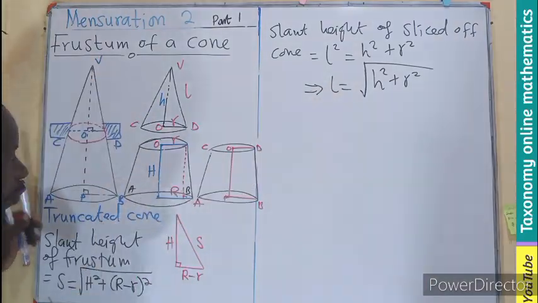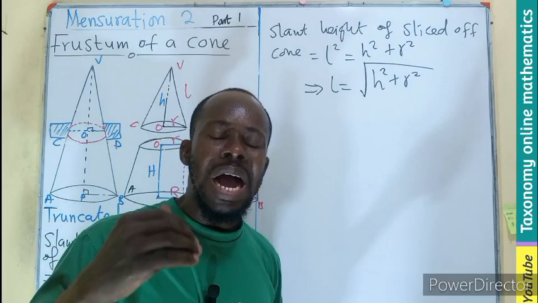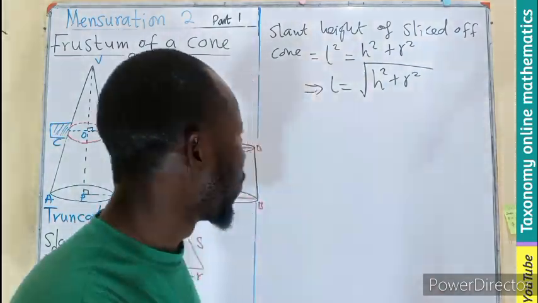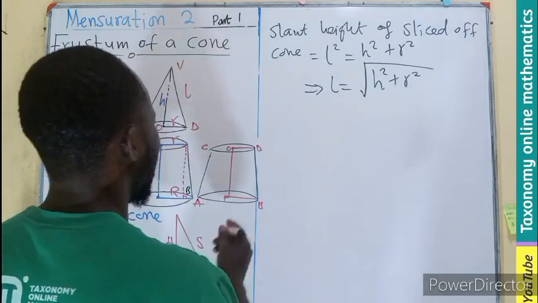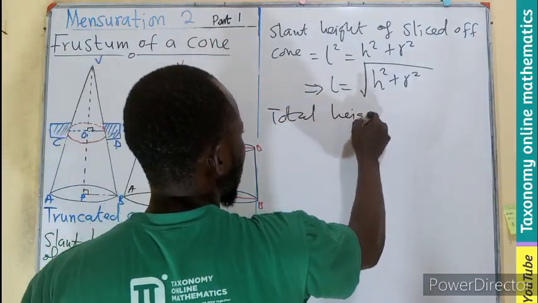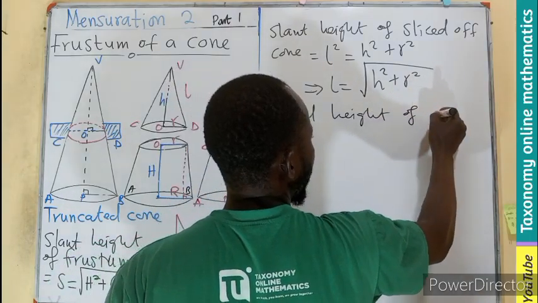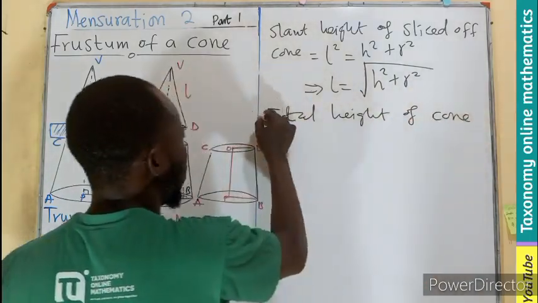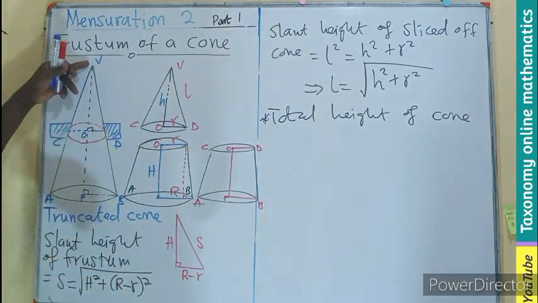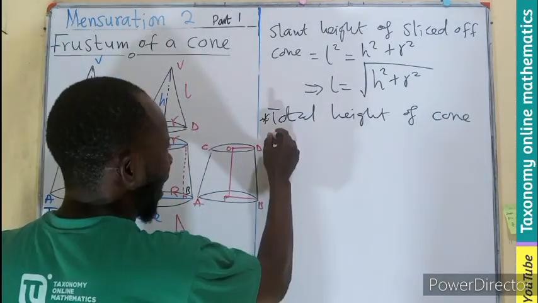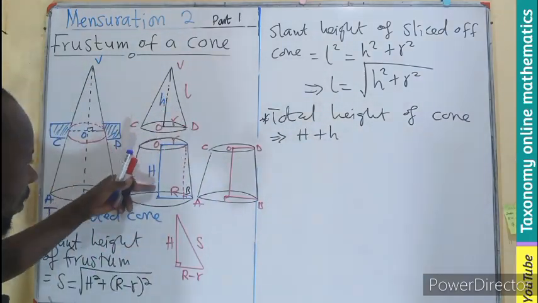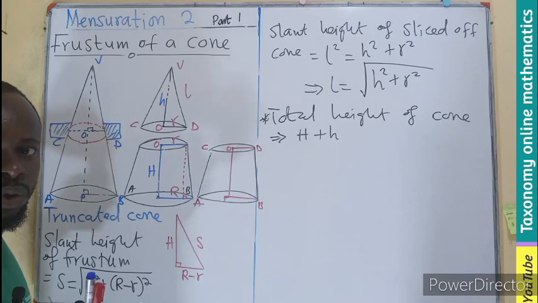So from here, what we need to know is also how do we find the volume? Before we develop that, let's see. We can see that the total height of the cone, when I mean cone, I'm referring to the original cone, is going to be from here to here, and that will be h plus H. That's the total height.